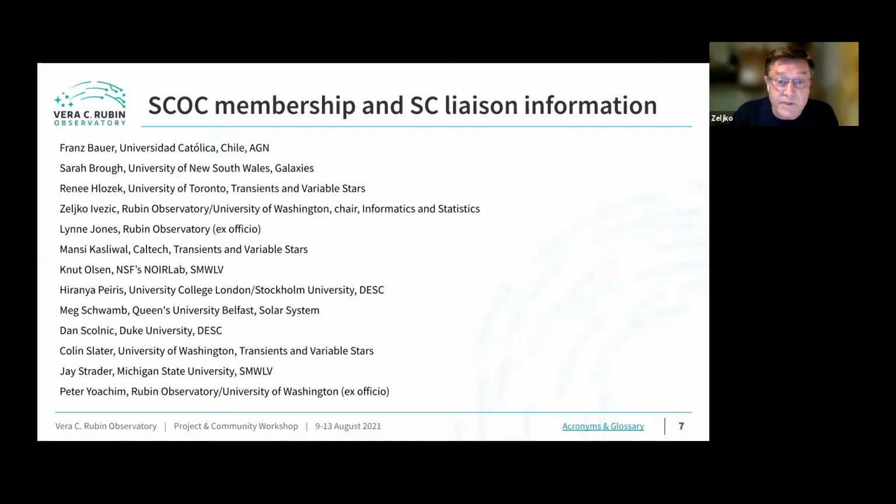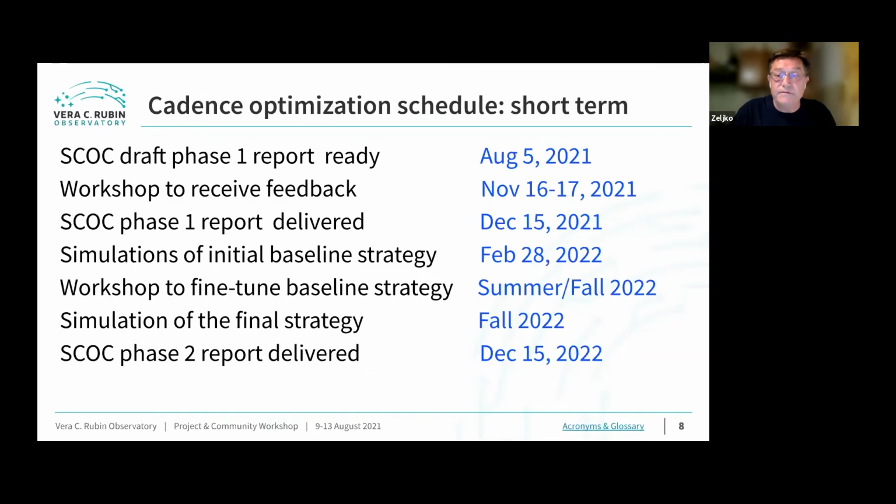I will not go deep into this discussion, but we are supposed to come to conclusions by consensus, hopefully by a procedure that is repeatable, meaning that if we now presented the same information that the SCOC is given, and we selected another dozen people from our science collaborations, ideally they would arrive at the same conclusion. This is not about fighting for your science collaboration. This is more about diplomacy, about how to make the best cadence that we can have.